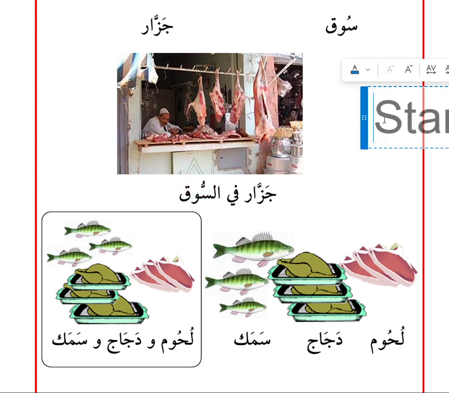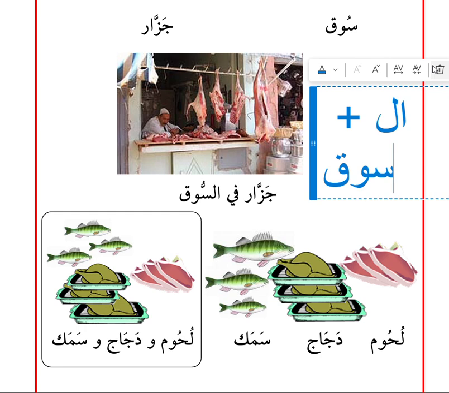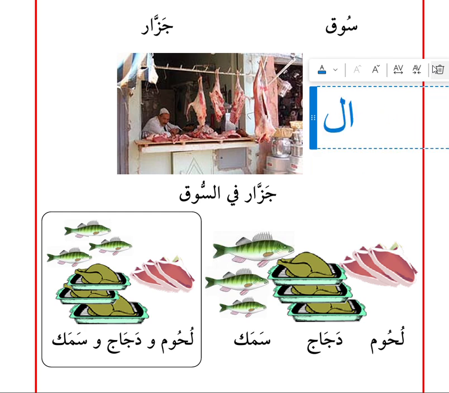So, as I mentioned, if we put al plus the word here, which is suq, we will have like a whole new word. Okay, they are not separated; they are always put together, and it means here the market. And notice that here also we have a shadda.